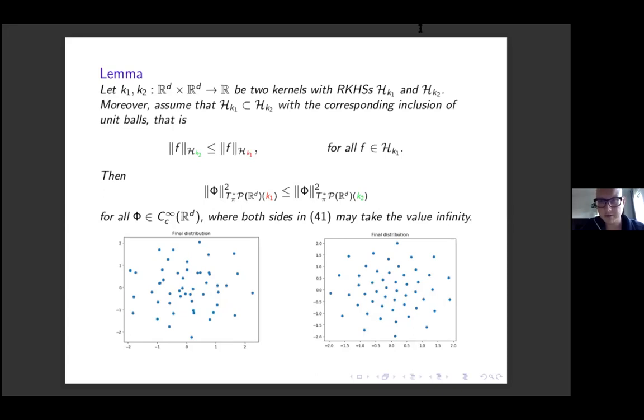I didn't put this here on the slide, but basically what this comes down to is the behavior of the kernels on the diagonal. So if the kernels are very peaked when X is close to Y, then it will have the effect that the particles are driven apart from each other.